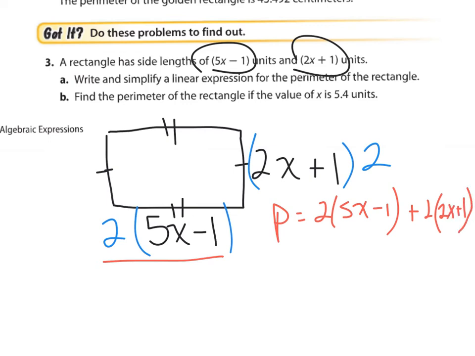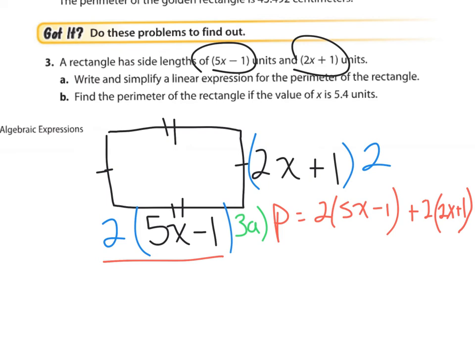I can barely fit it in there, sorry. But you can see what I'm writing. And then that is, write a simplified linear expression for the perimeter. That's it. That's A. So we've done what they asked us to do. So I will write this off as 3A.